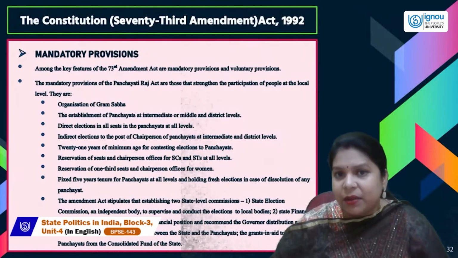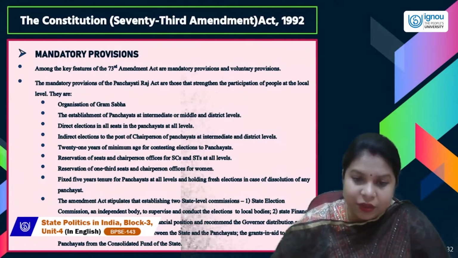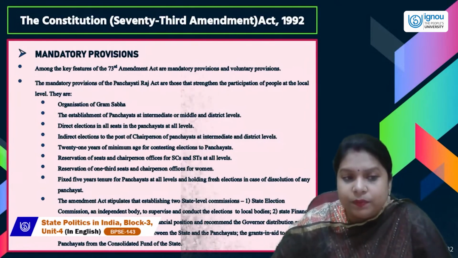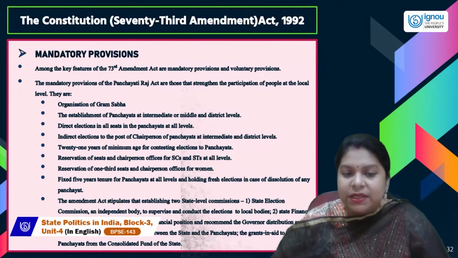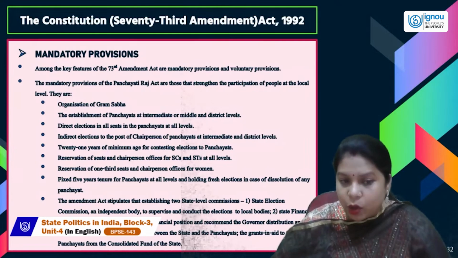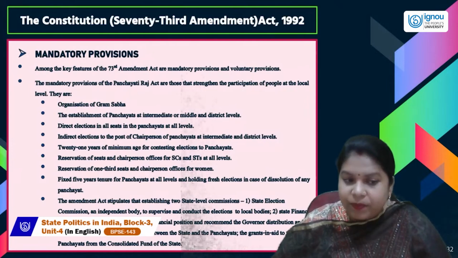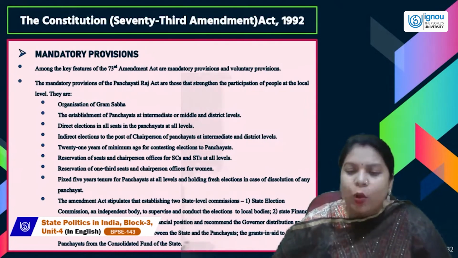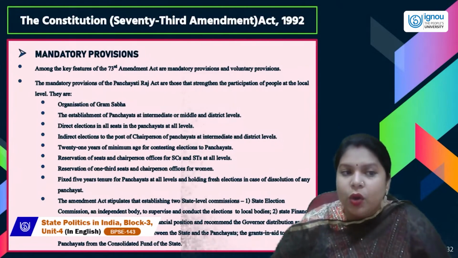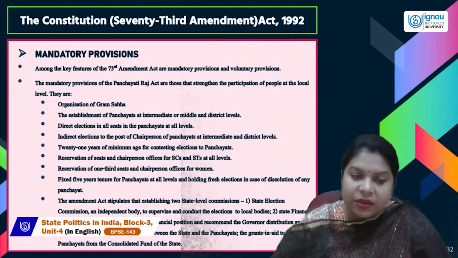Another mandatory provision is the reservation of seats and chairperson offices for SCs and STs at all levels, reservation of one-third seats and chairperson offices for women, a fixed 5-year tenure for panchayats at all levels, and holding fresh elections in case of dissolution of any panchayat. These are very important things that the mandatory provisions talk about.